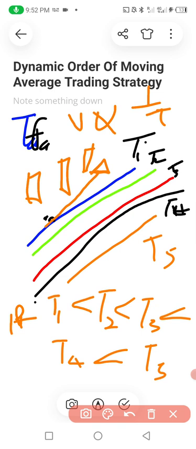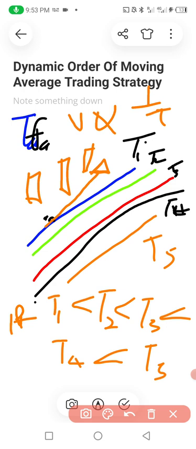But in a selling market, the opposite should happen. The moving averages should be in a descending order, with the fastest moving average very close to the candlestick or line chart.